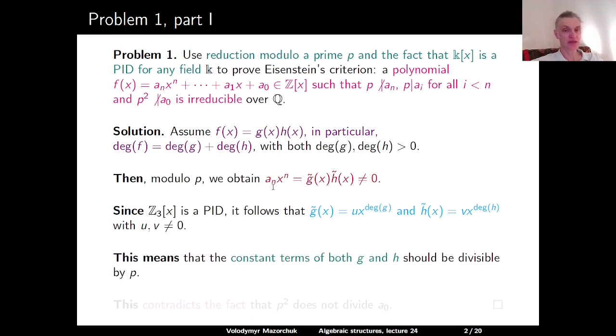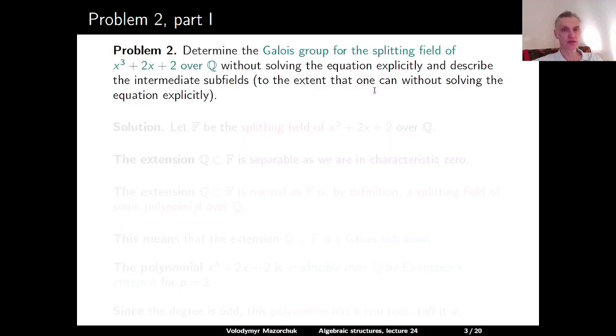So this means that the constant term of both g and h should be divisible by p, and this contradicts the fact that p squared doesn't divide a_0. That's one of the assumptions in our formulation. This proves Eisenstein's criterion.